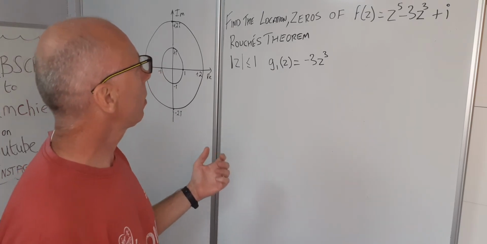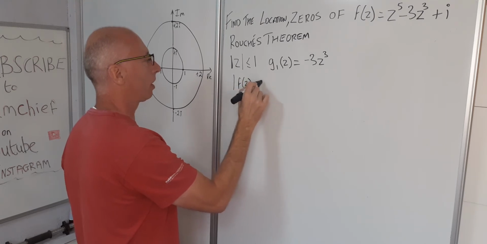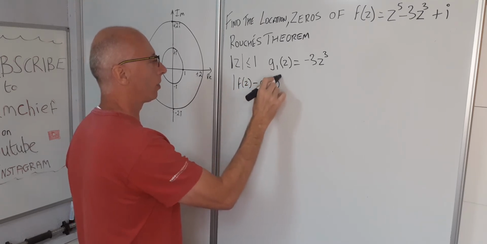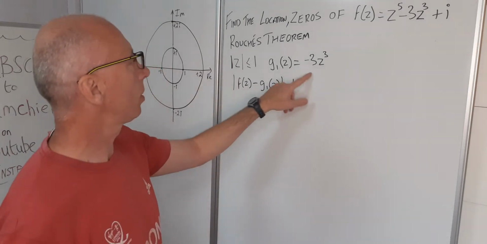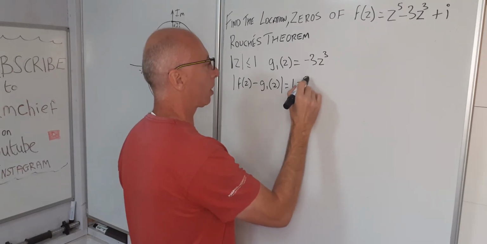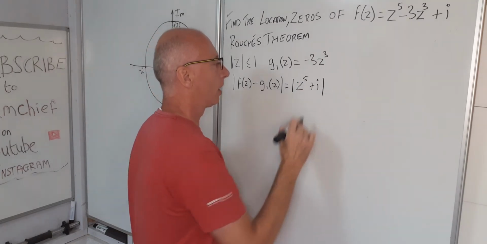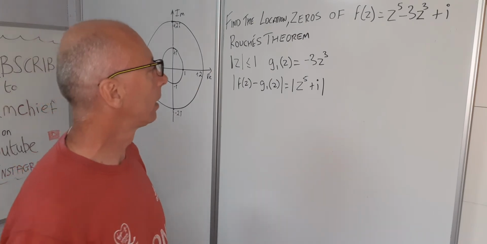And then what we do is we take the modulus of f of z minus g1 of z, and we find out what that is, minus this term, and that becomes z to the 5 plus i. So we do z to the 5 plus i. We try and work out what that is using the triangle inequality.